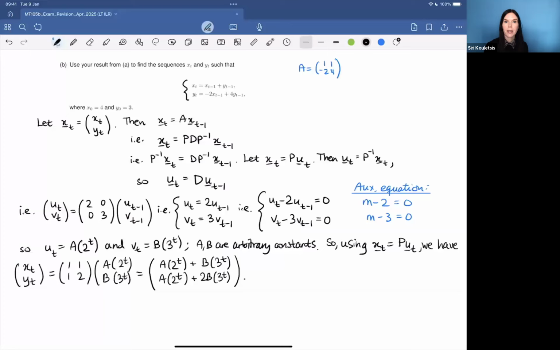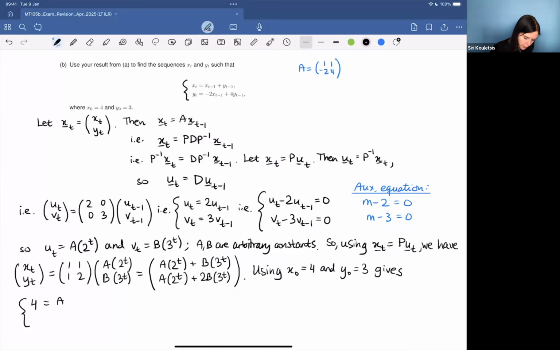Now we use the initial conditions we are given to get the following simultaneous system.